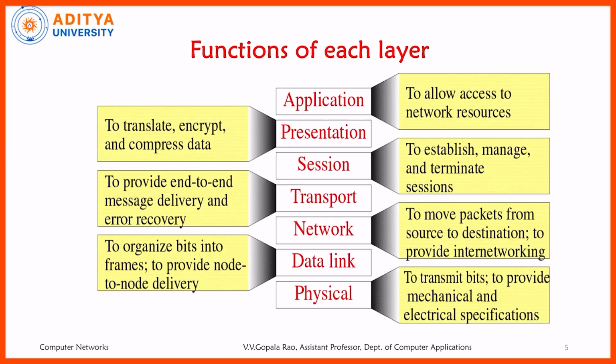The data link layer is responsible for node to node delivery, not from source to destination. Node to node means whatever device is between the source and destination can be referred to as a node. So the transaction between one node and another should be conducted smoothly with the help of the data link layer. It is the responsibility of the data link layer.